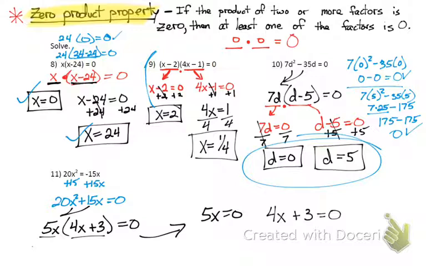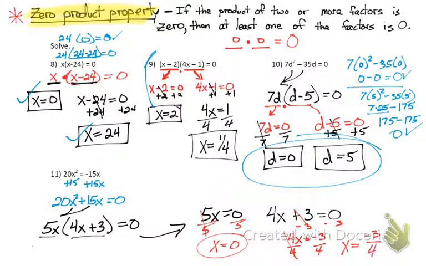And now I just solve. Divide by 5. x equals 0. Subtract 3. 4x equals negative 3. Divide by 4. So x equals negative 3/4. So there are my two answers for the last problem, 0 and negative 3/4.